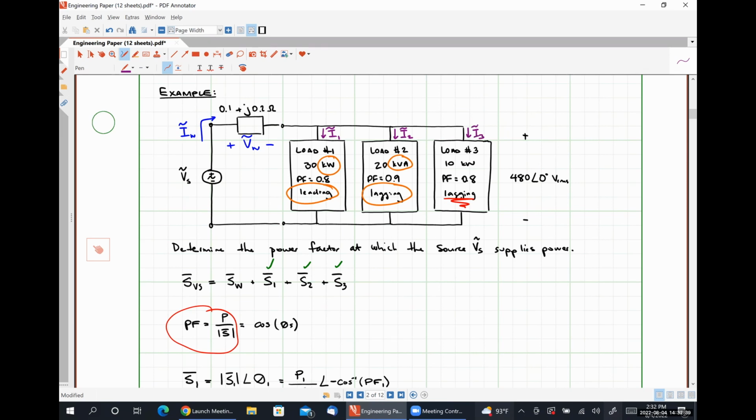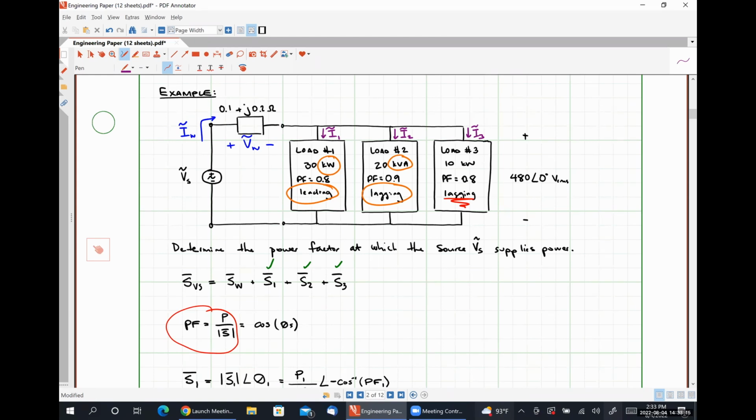So we could solve for those individual currents by dividing our complex power absorbed by our load by the voltage, and then paying attention to whether or not we need to do a conjugate operation. Or we could lump all three loads together, divide by that voltage, and figure out the total current flowing into the composite load, which will be IW.